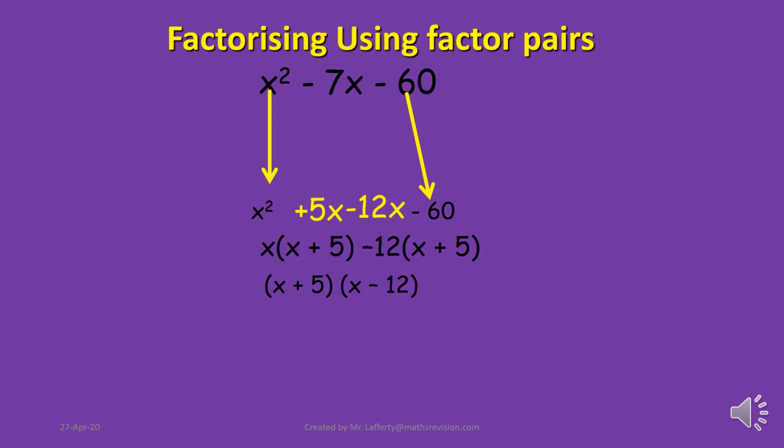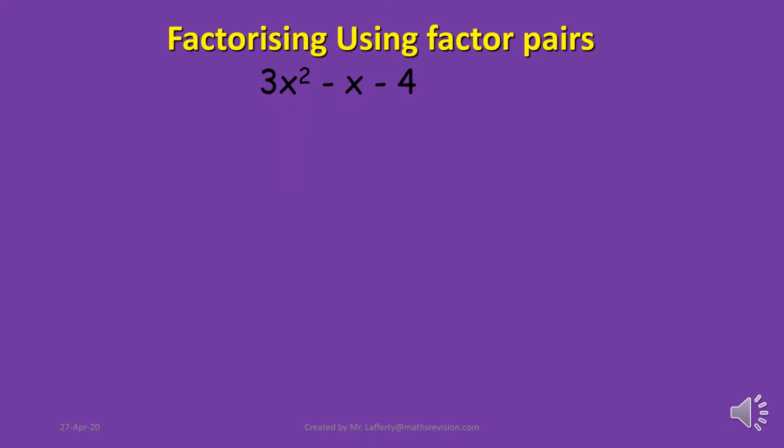After that, we use FOIL to check. x times x gives us x squared, x times negative 12 gives us negative 12x, this one gives us 5x, this one gives us negative 60, and if we tidy up everything, it gives us the original trinomial.